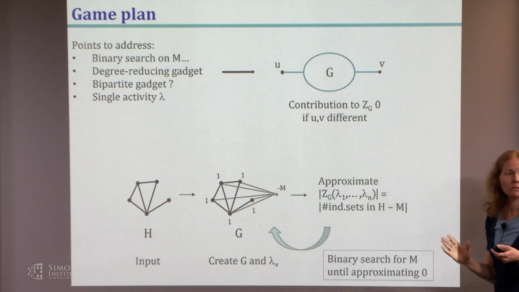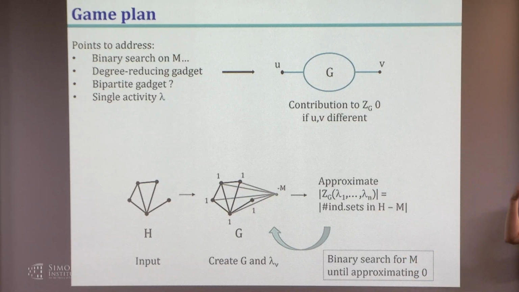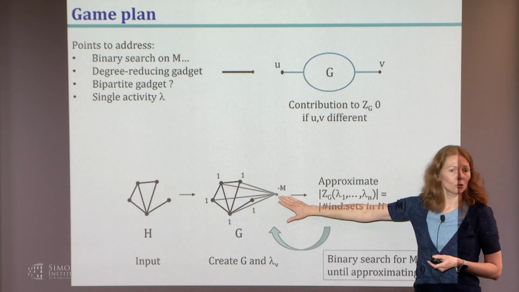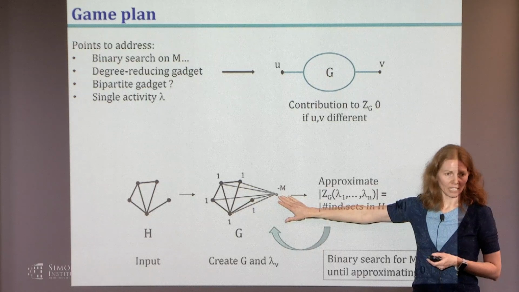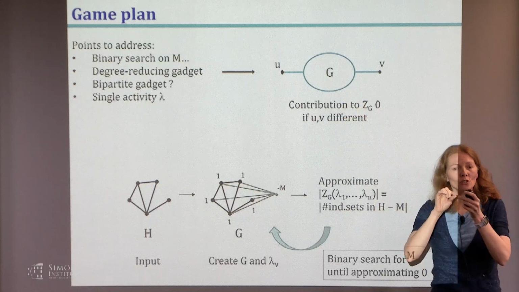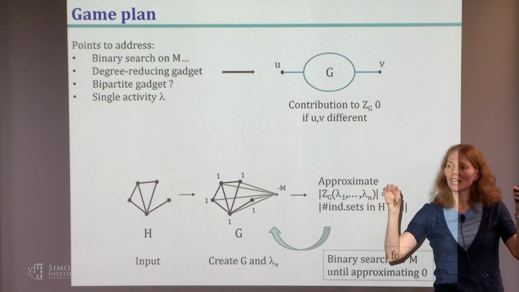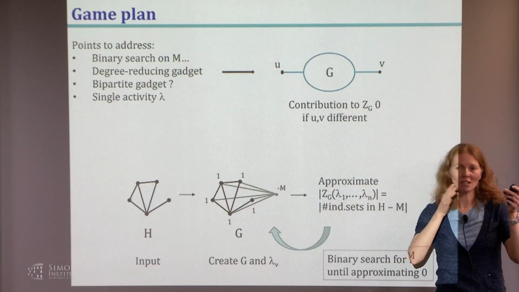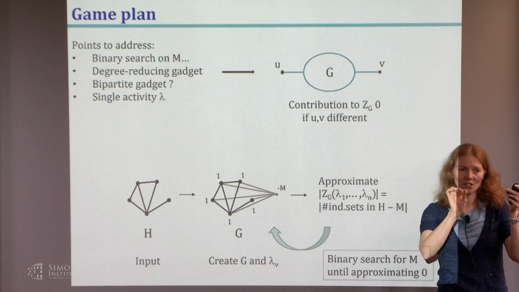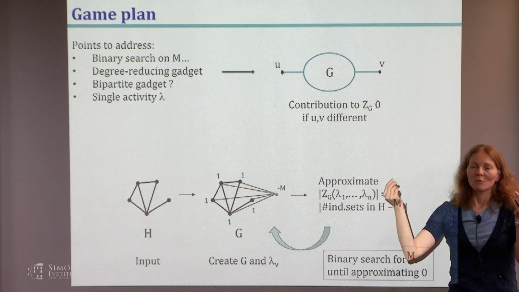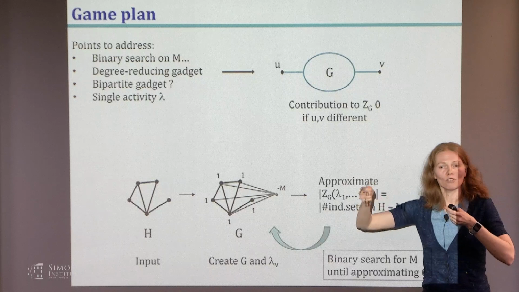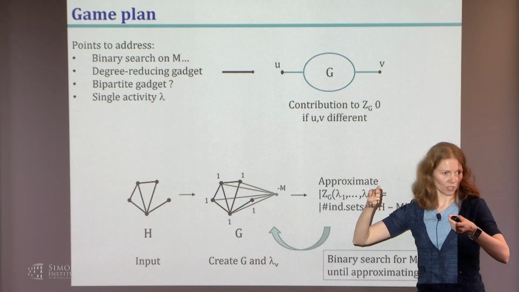Okay? I'm not going to go into the details here. This is just a remark on the side that it is not difficult to deal with the large degree vertex that we introduced. And it turns out that this gadget for us is just going to be a simple path of length something like 5, where we carefully select the activities at these vertices so that the contribution of u and v evens out to 0 if u is in and v is out, and vice versa.